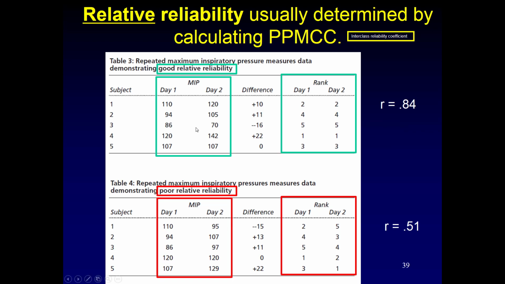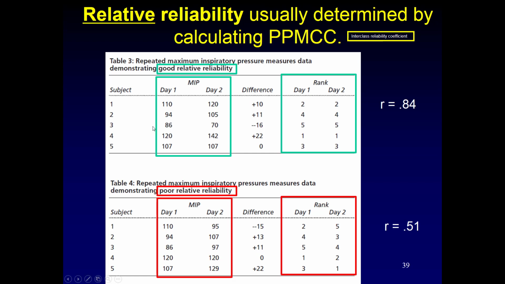This graphic comes from the optional reading in the journal Physiotherapy, and it shows you an example of good reliability on the top, poor reliability on the bottom. What you see here is the greater the reliability, the higher the Pearson R, relative to something that's not as reliable. And in tests that are reliable, people maintain their relative position or rank in the group. A person that is high on the first trial is still high on the second trial.